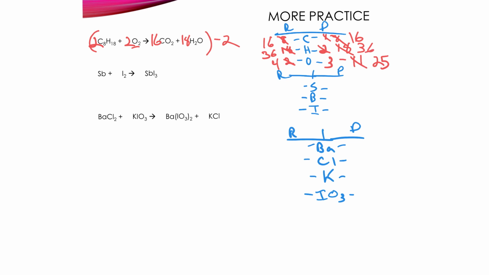And now I have 18 oxygens plus 32, so total of 50 oxygens. And so all I have to do now is make the bottom number match. And so I can do that by just changing this to a 25. And so when I multiplied everything by 2, that allowed this to kind of keep going further.